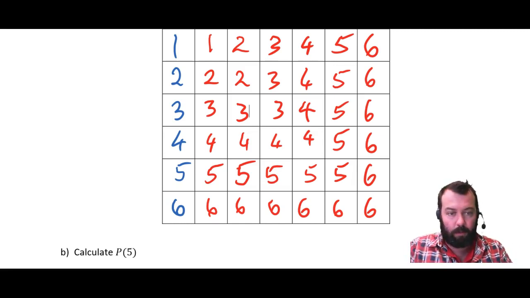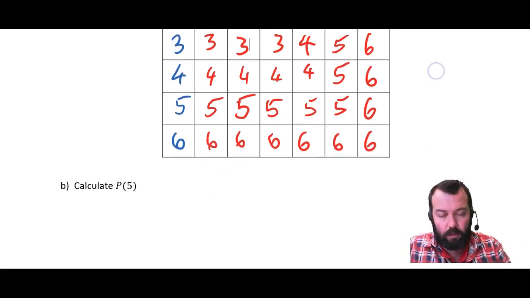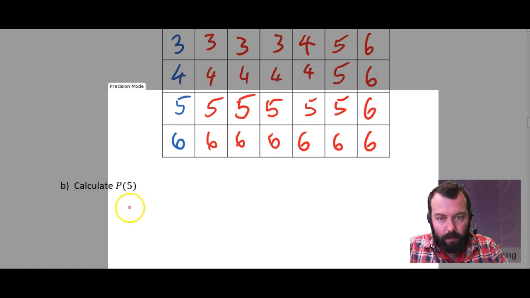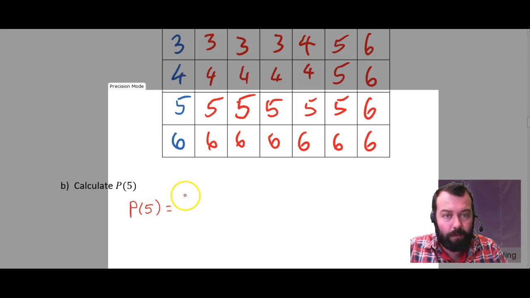So let's see how we go here. Scroll up here, bring my pen down. Say probability of 5 equals the number of 5s, and we said there were 9 of those, divided by the size of the sample space, which is 36, and I can simplify that down to 1/4.